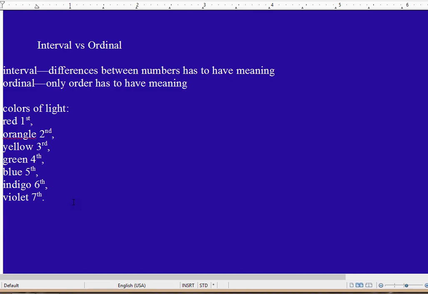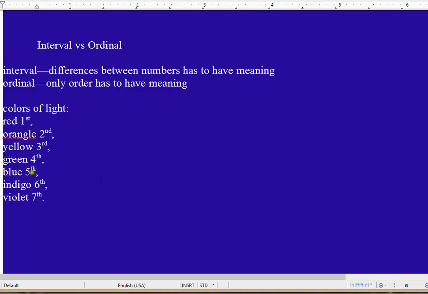If I give you nothing but this list, even if you've never seen a rainbow, you can know that the frequency of red is lower than the frequency of orange. The frequency of orange is lower than the frequency of blue. The frequency of indigo is lower than the frequency of violet. On the other hand, the differences between these numbers don't tell you anything about the differences in the frequencies.